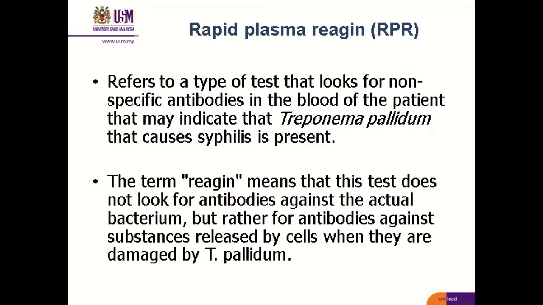Next, we go to the test for syphilis, which is the rapid plasma reagin test. It refers to a type of test that looks for non-specific antibodies in the blood of the patient that may indicate that Treponema pallidum, which causes syphilis, is present. The term reagin means that this test does not look for antibodies against the actual bacterium, but rather for antibodies against substances released by cells when they are damaged by Treponema pallidum.